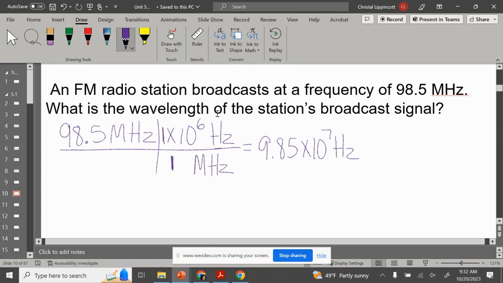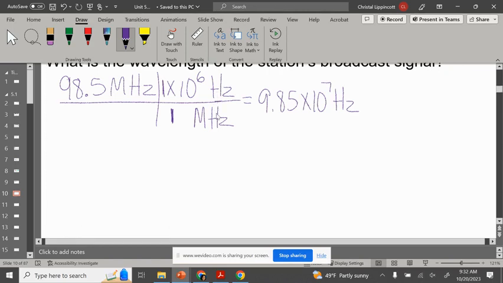And they want us to solve for wavelength. So I'm going to go back and grab this equation.